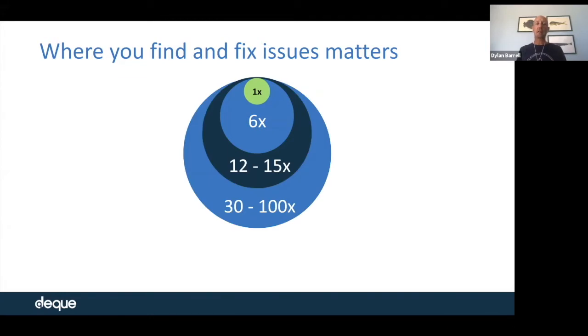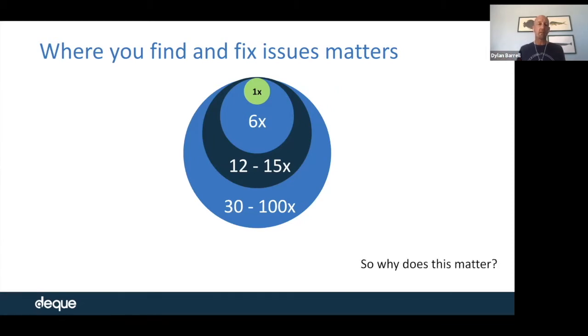And if you find it only once it's in production, depending on the nature of your organization, other costs, it can be between 30 and 100 times the cost of finding and fixing it during design. So when Matthew talked about the importance of making sure that design is included in quality, design is also instrumental in the return on investment.